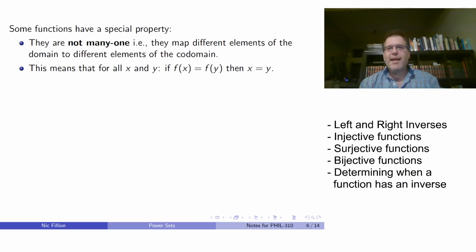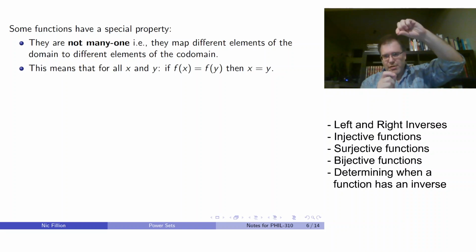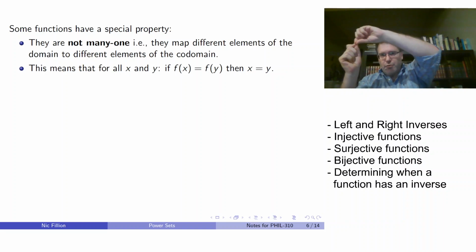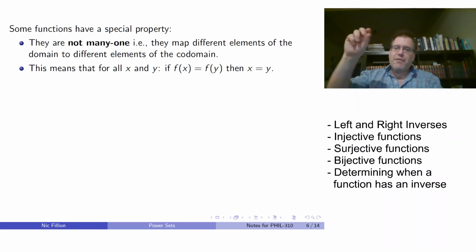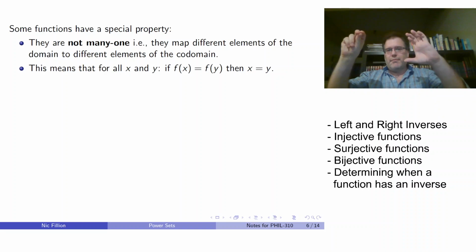That is to say, it never happens that two different elements of the domain are mapped onto the same element of the codomain. Another way of saying it is that if f(x) equals f(y), so I take an element of the codomain, call it b, and b happens to be equal to f(x) and f(y), well, that must mean that x and y are the same.